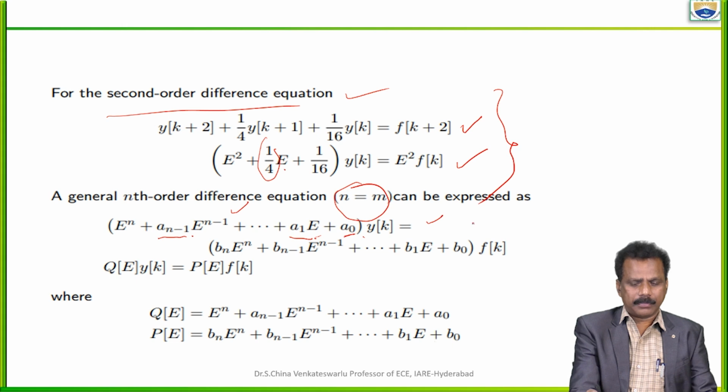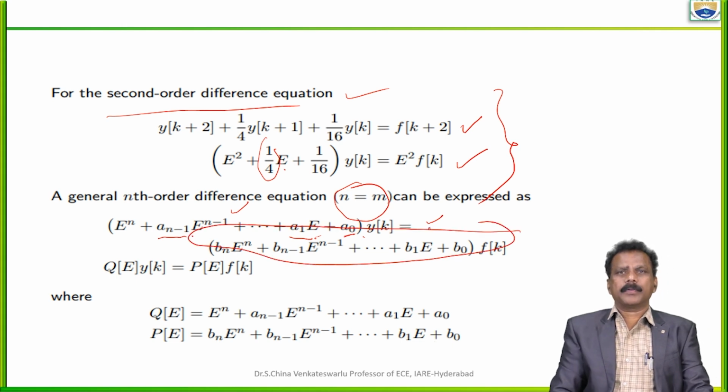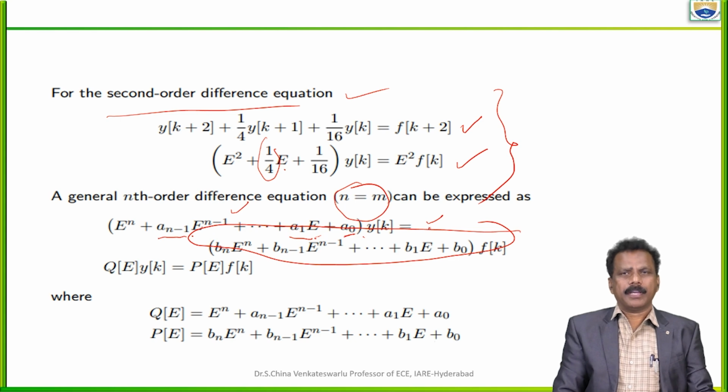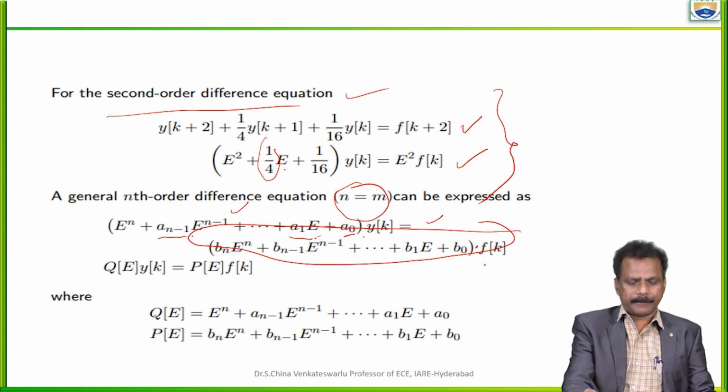It is also equal to this: bn into E^n plus b(n-1) into E^(n-1) plus so on, plus b1 into E plus b0, into f of k.